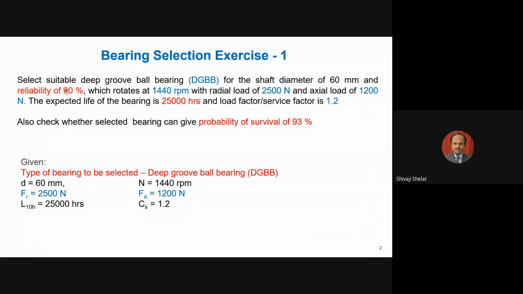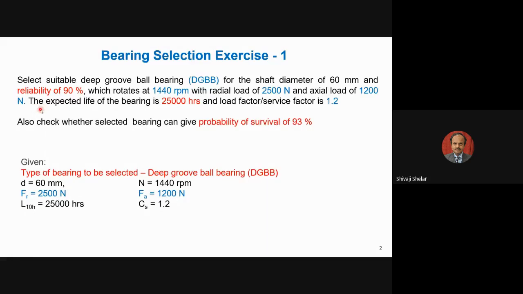The reliability or probability of survival should be 90%. The shaft rotates at 1440 rpm, with a radial load of 2500 Newton and an axial load of 1200 Newton on the bearing.